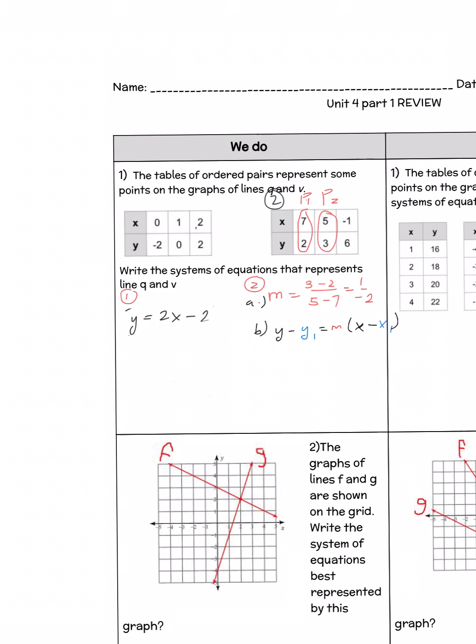So what is my x1 and y1? Well, I'm going to circle this one right here in blue now instead of red, and I'll choose this point to be my x1 and y1. So y minus 2 equals my slope, which is -1/2, times x minus 7.